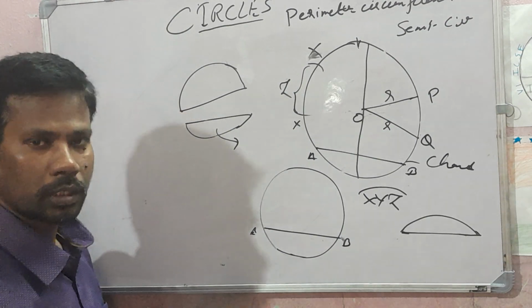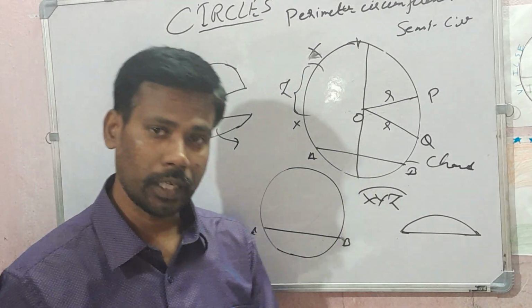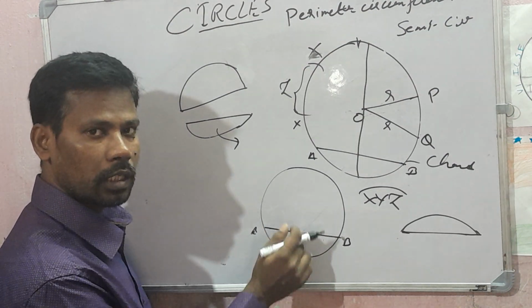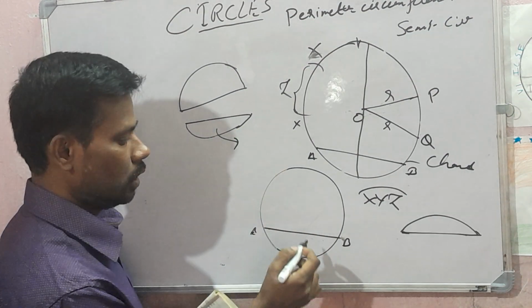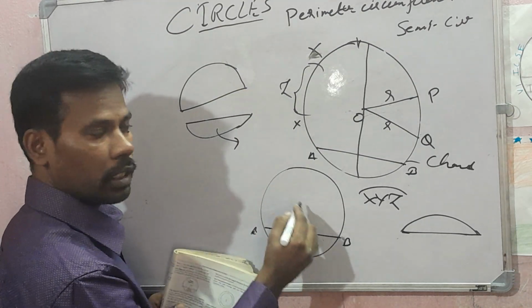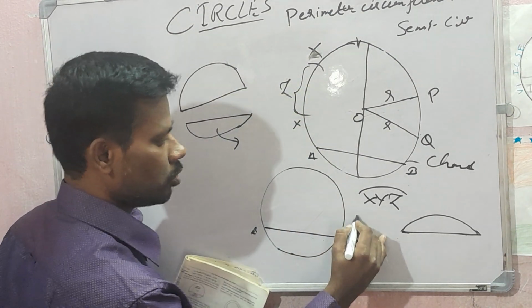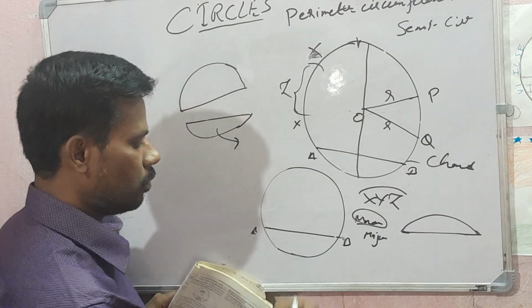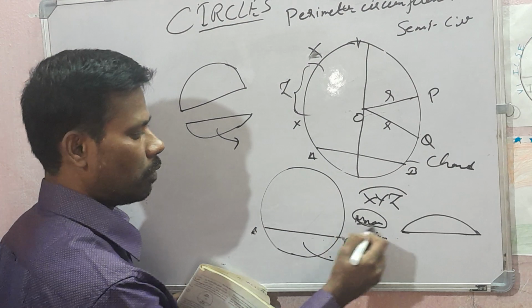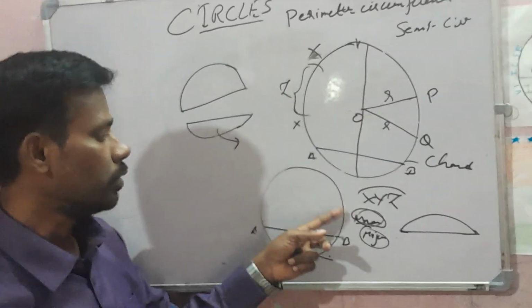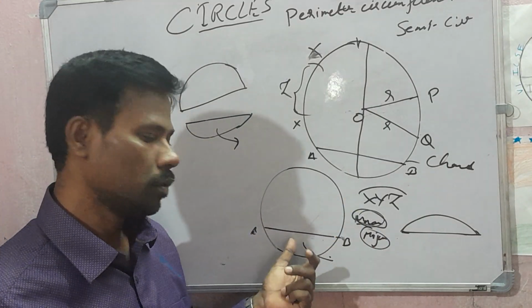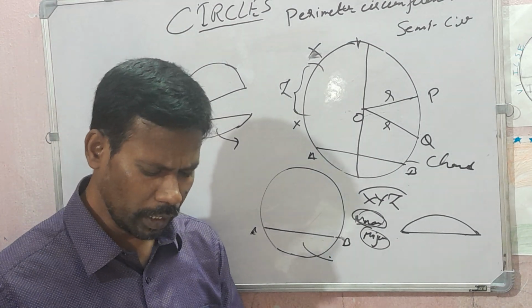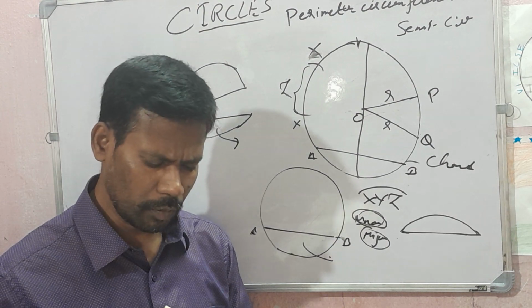A chord which divides the circle into 2 parts is called a segment of the circle. Now again there are 2 words associated with it, that is minor and major. Minor segment and major segment.